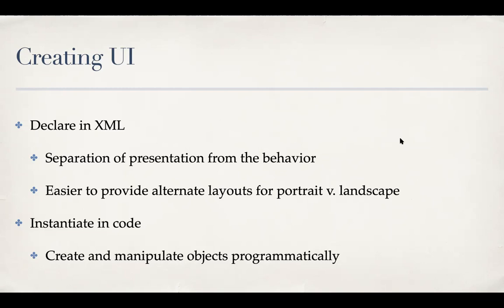Just imagine if you were to create everything in your Java code, you'll have to take care of screen resolution, screen sizes, placement of buttons, etc., in the Java code based on what orientation you are in. And that's just going to make it messy. But if required, if there is a dynamic button that you want to show, for example, you could create it in the Java code, and show it on the UI. So that is possible, but that is not the preferred way of doing things.